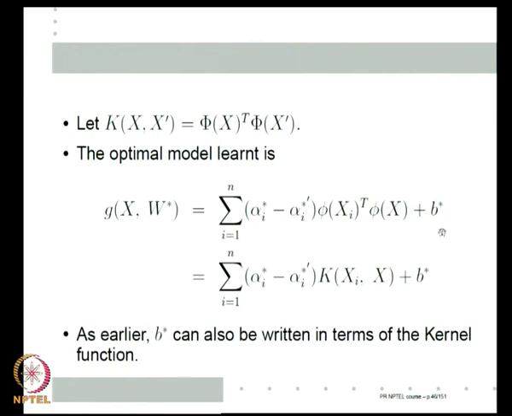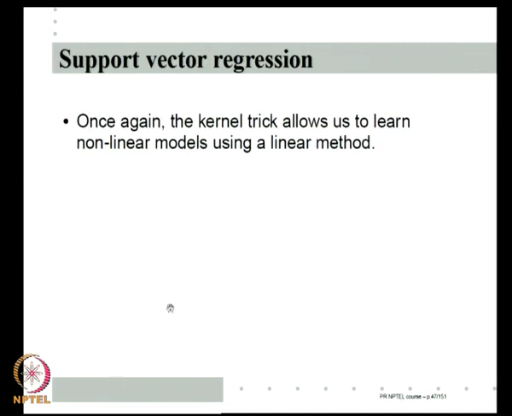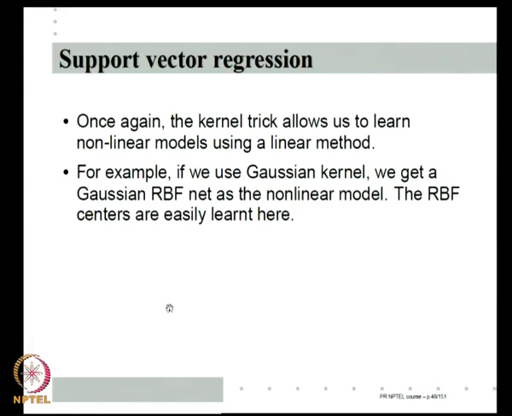So, this is actually the output of the standard Gaussian RBF network with Gaussian radial basis function hidden nodes and a linear output node. The kernels automatically give you this. Just like in the SVM case, the RBF centers are easily learned here; they happen to be the support vectors.